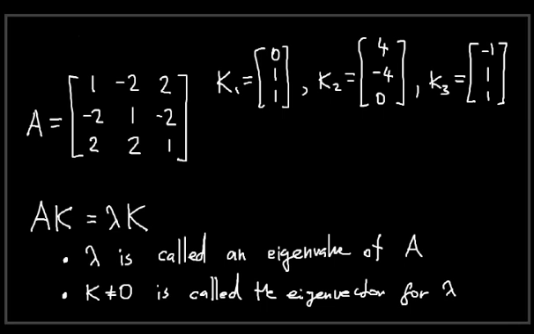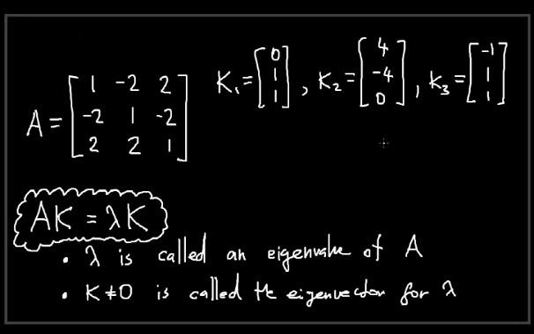So basically we want to check whether we can find eigenvalues fulfilling the required eigenvalue equation, A K equals lambda K, for each of the K's given there.